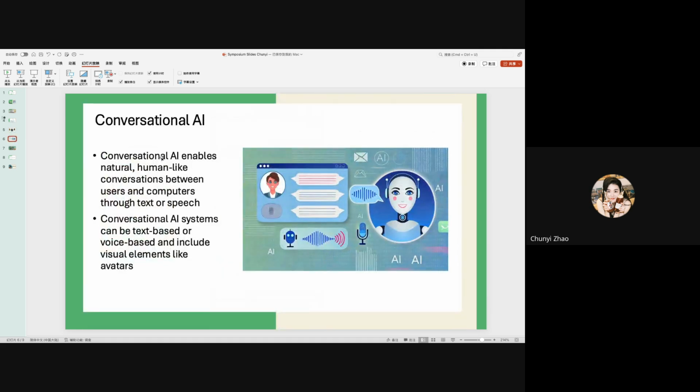So this kind of conversational AI enables natural human-like conversation between user and computers through text or speech. Conversational AI systems can be text-based or voice-based and include visual elements like avatars.